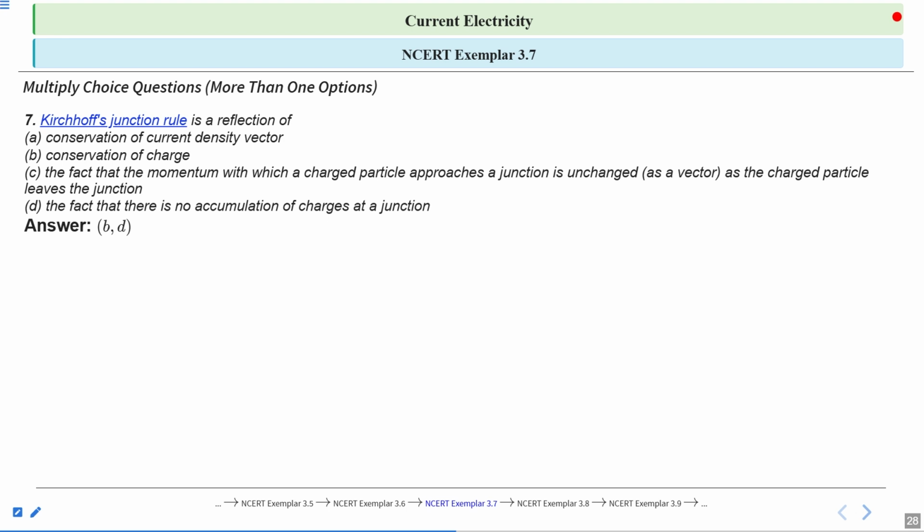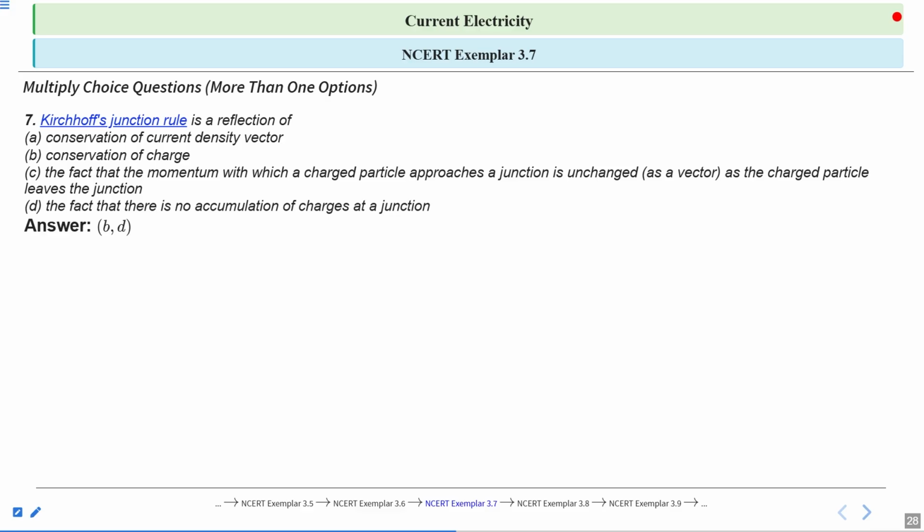We have discussed in detail that Kirchhoff's junction rule is based on conservation of charge. Conservation of charge means the charge entering the junction is equal to the charge leaving the junction in a particular time interval.